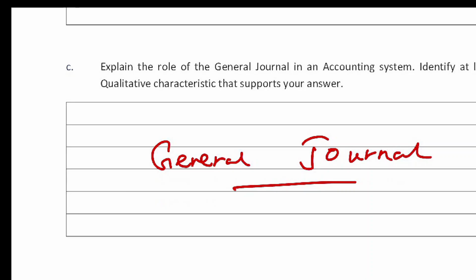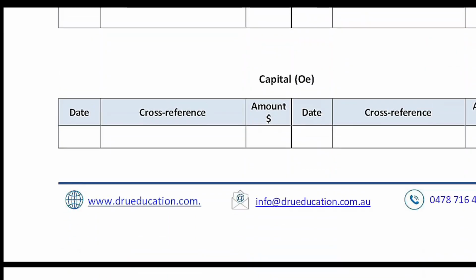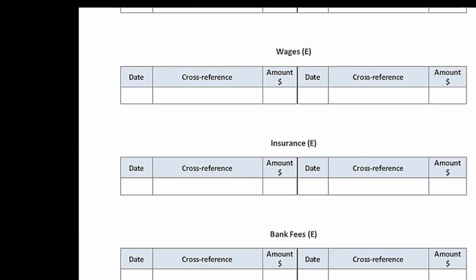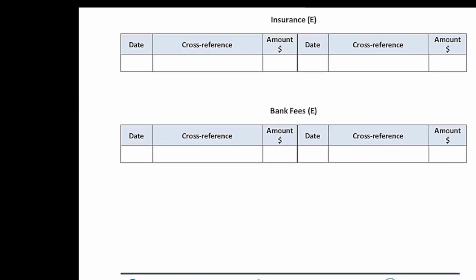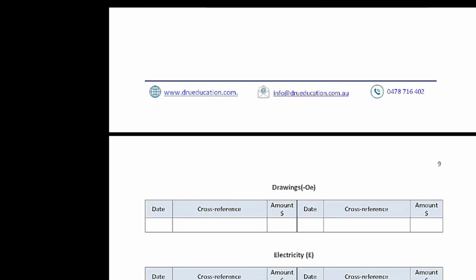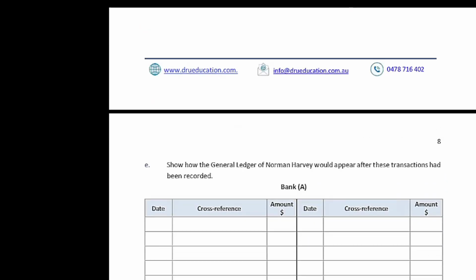Because such transactions recorded in the general journal are verified by the source document. Okay.